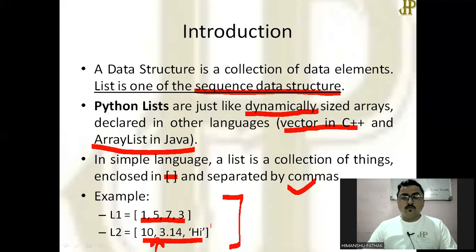Clear? So the first property is it is a dynamically sized array. You can grow or shrink. The second one is you can store different types, heterogeneous data, in a single list. Clear?